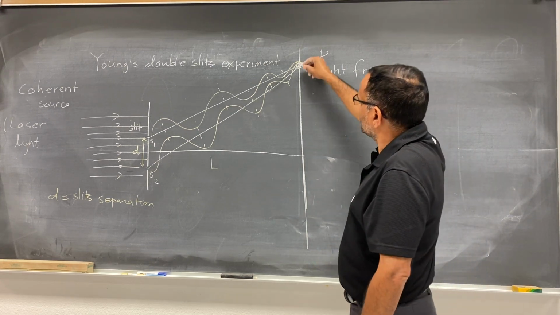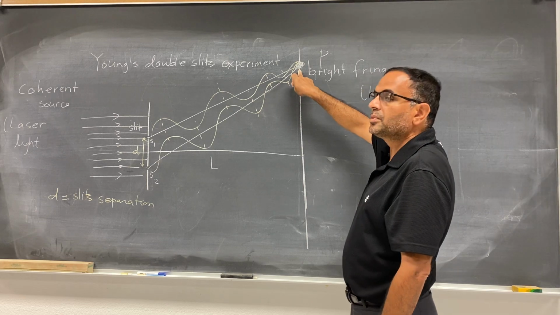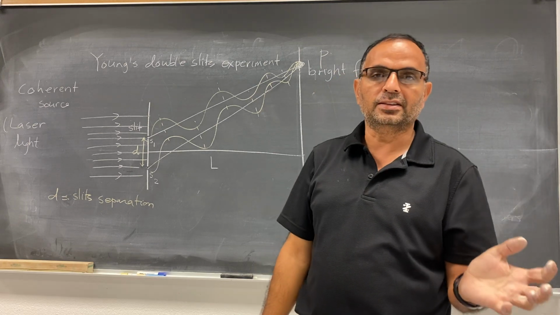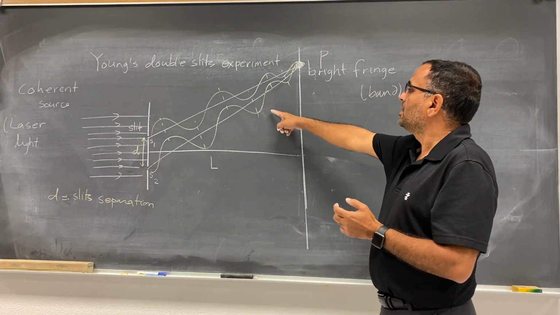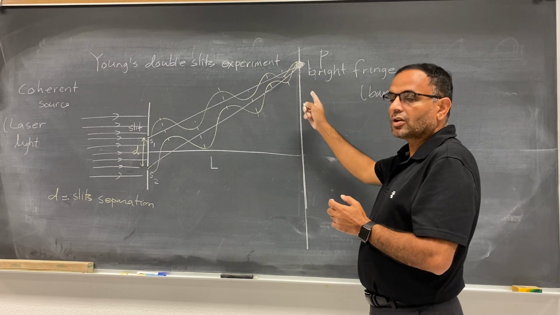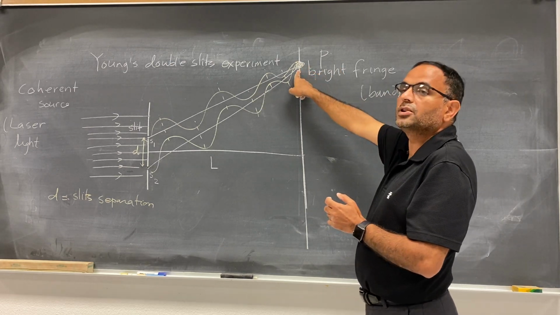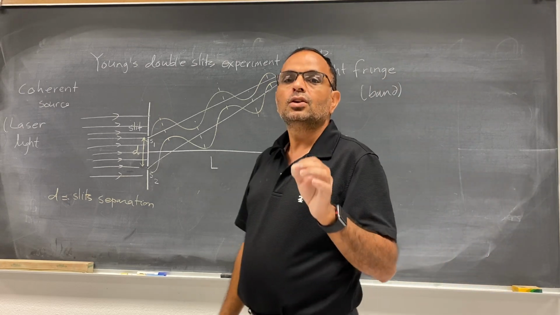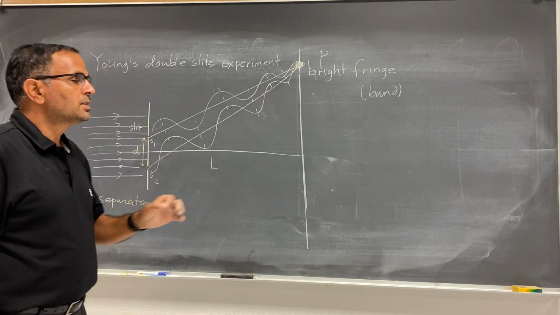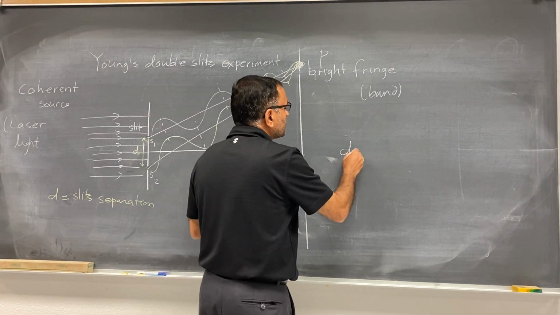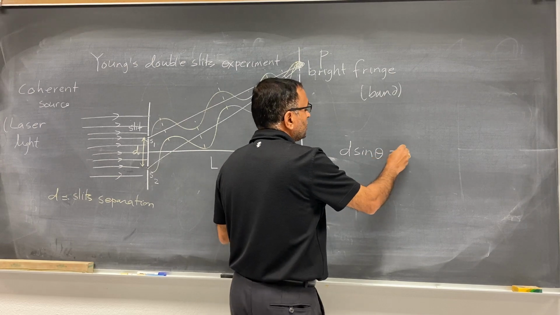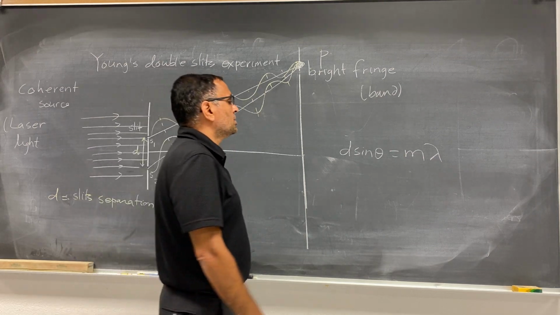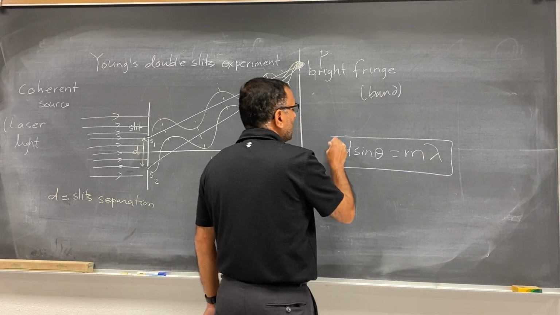You alternately observe bright and dark fringes. If the light interferes constructively, at that point you observe the bright band. The condition to observe the bright band is d sine theta equals m lambda.